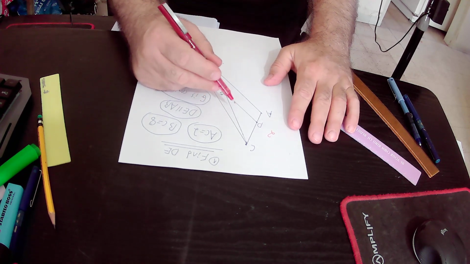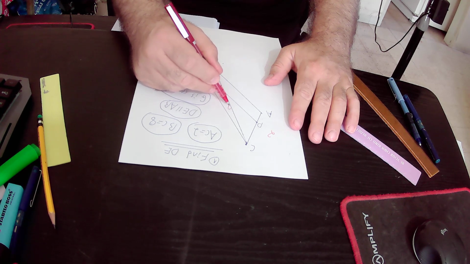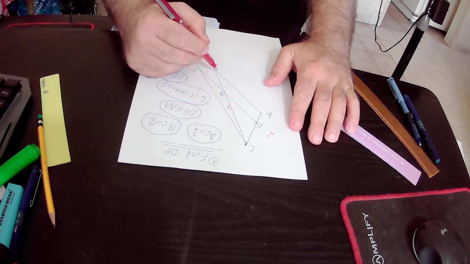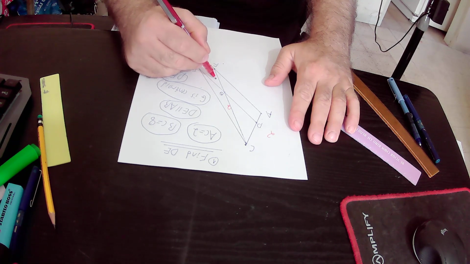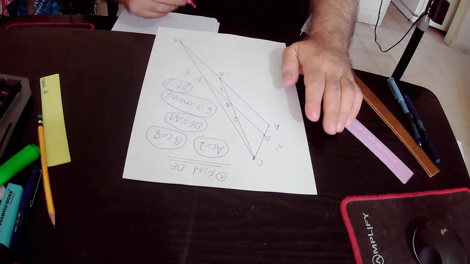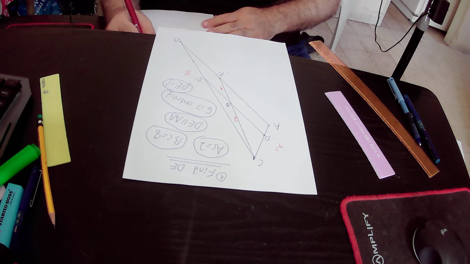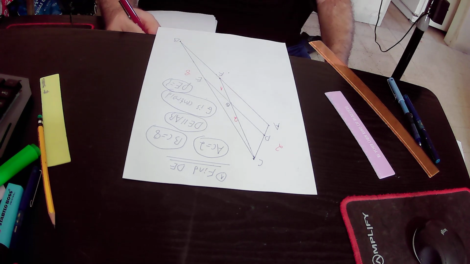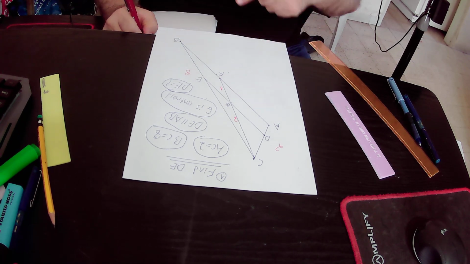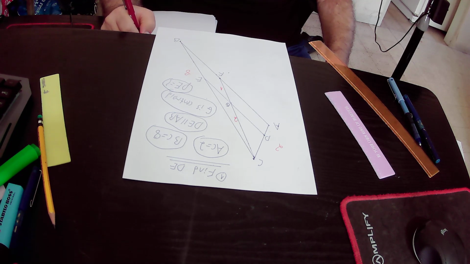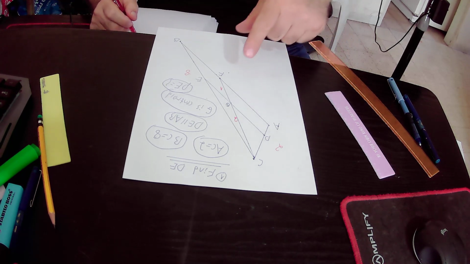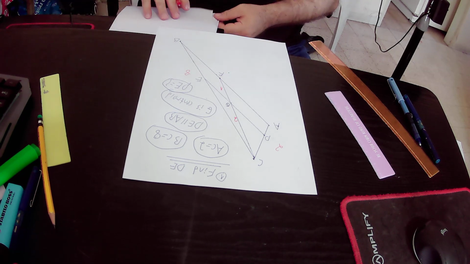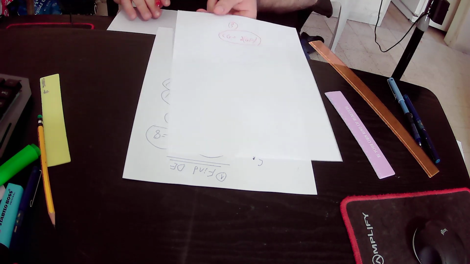So if CG equals 2 units, then GF will be equal to 1 unit. Or we can also write down that CG is twice as large as GF, or CG equals 2 times GF.